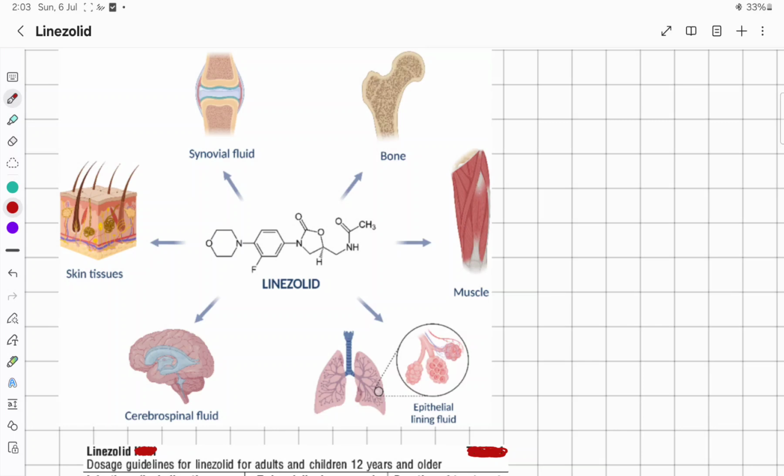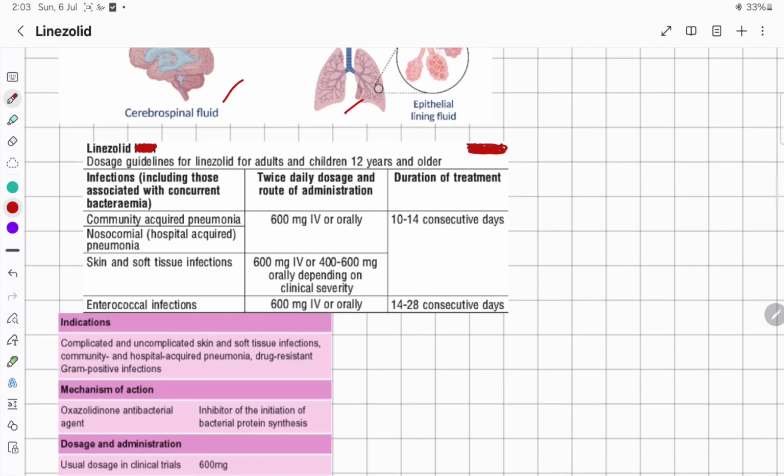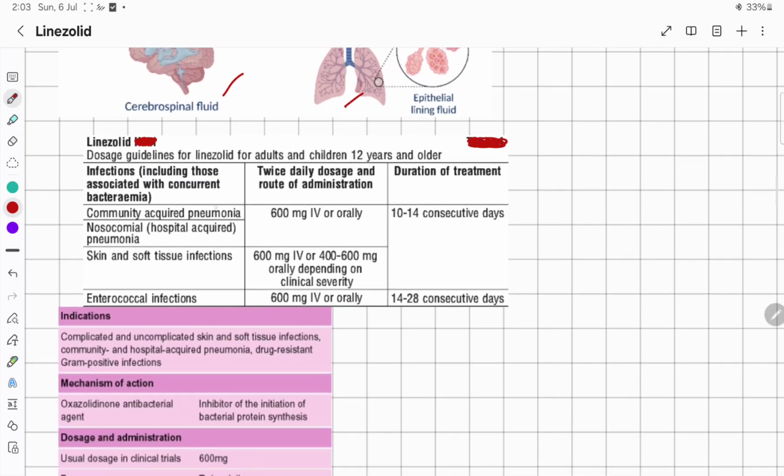So linezolid can show its action in all these tissues: bone, muscle, skin tissues, lungs, and it can also penetrate into the synovial fluid and cerebrospinal fluid. Accordingly, linezolid can be used in pneumonia, both community acquired pneumonia and hospital acquired or nosocomial pneumonia. Linezolid is effective against skin and soft tissue infections. In bone also it is effective.